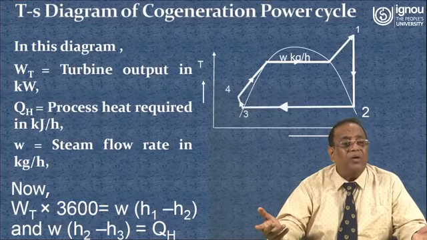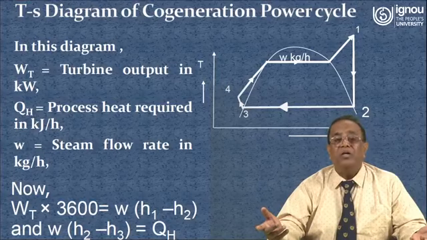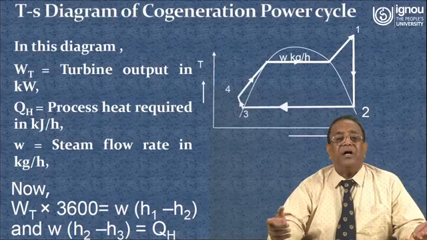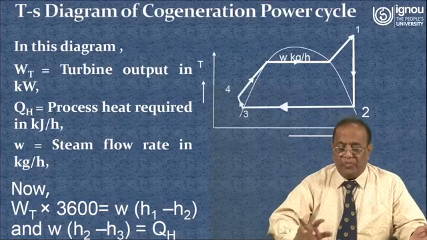Why have we multiplied by 3600? Because WT is in terms of kilowatt, we have to convert it into kilojoule per hour. Now, the heat recovery in the process heater is H2 minus H3 multiplied by w, equal to QH.